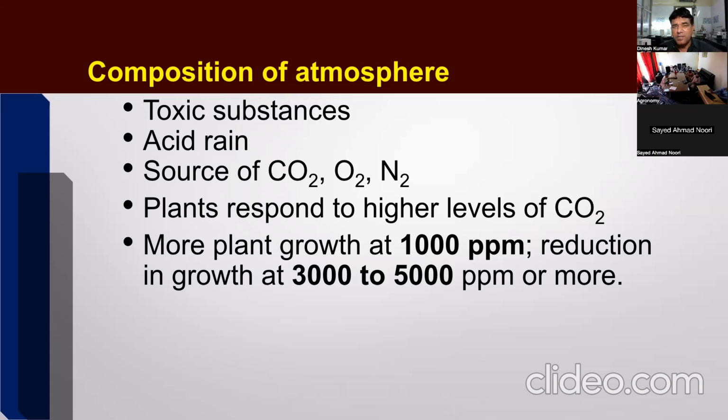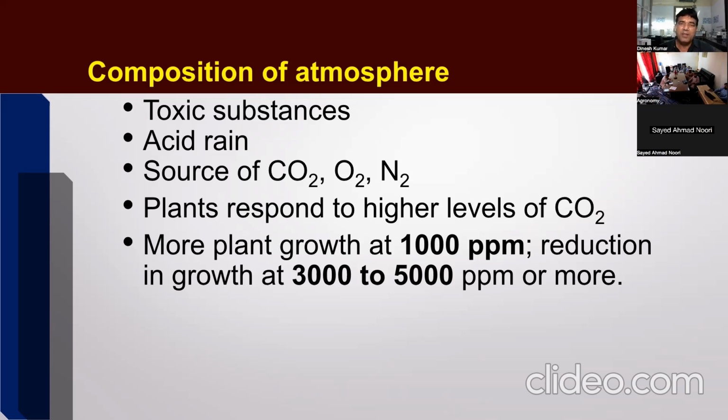You can check it. So 450 ppm. If you increase this concentration, photosynthesis increases. Under greenhouse conditions, many scientists in our institute and outside India have done research showing that if you go on increasing CO2 concentration, the photosynthesis rate and plant growth increase. Up to 1000 ppm, there is an increase in photosynthesis.